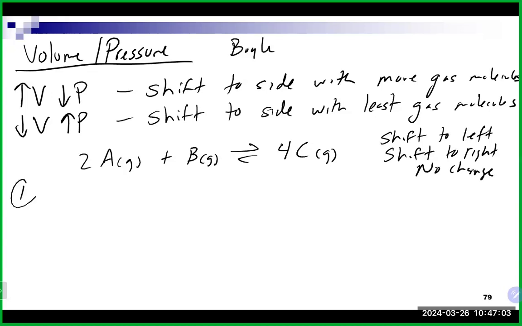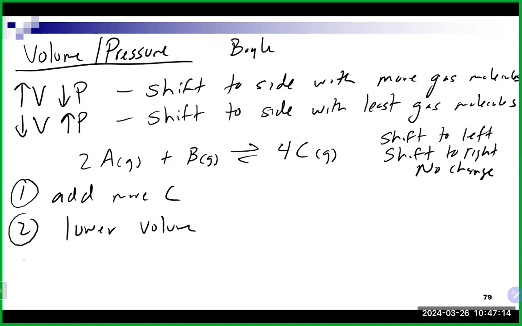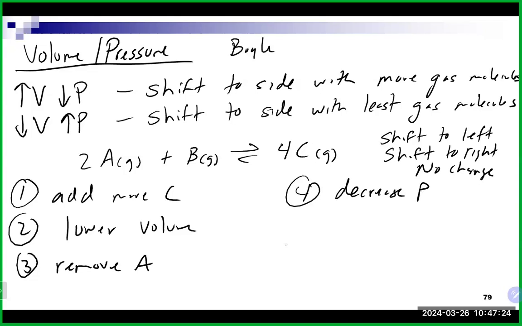Let's start with, I'm going to add more C. I'm going to lower the volume. I'm going to remove A. I'm going to decrease the pressure. I'm going to add B. Take a moment for each of those. Which way would we expect it to go?